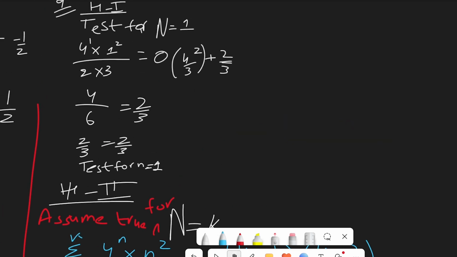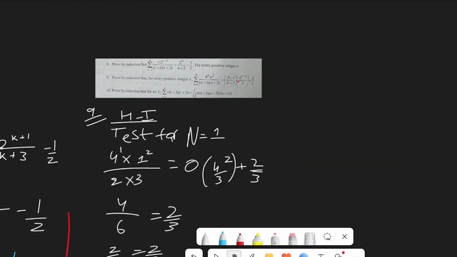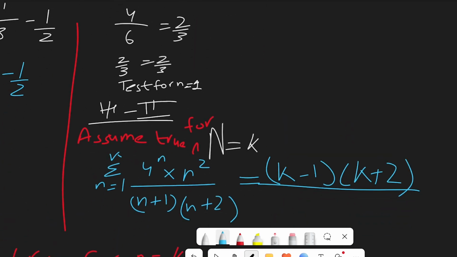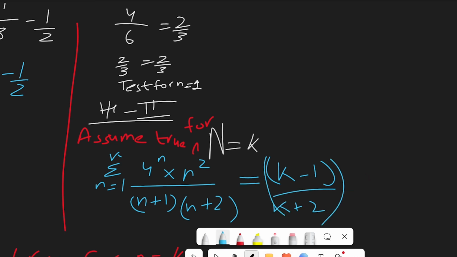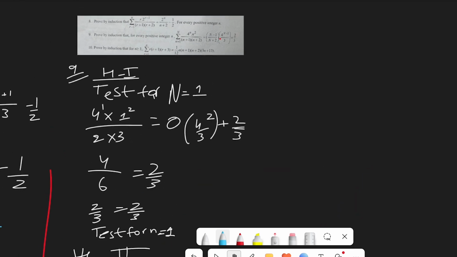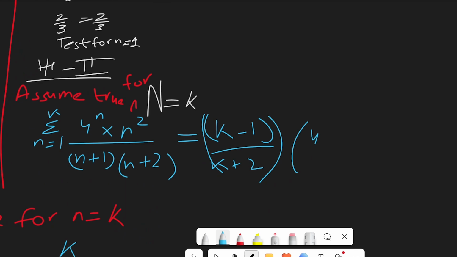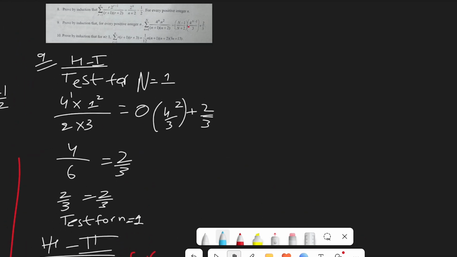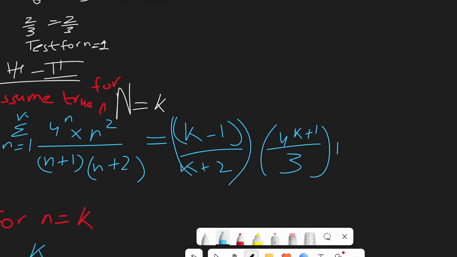Oh sorry, that was the denominator, never mind. K plus 2 goes in the denominator, and we would have another fraction. That would be 4 power k plus 1 over 3, and we would have plus 2 over 3. Perfect.